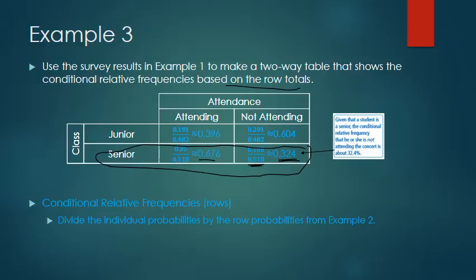That makes sense because this one says given a student's a senior, what's the chance they do not attend the concert? And this one over here says given the student is a senior, what's the chance they do attend the concert? So together they should add up to 100% because the seniors either got to attend or not attend. All right, let's go on. One last thing to do.